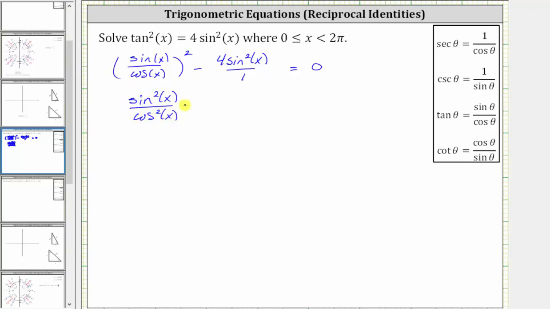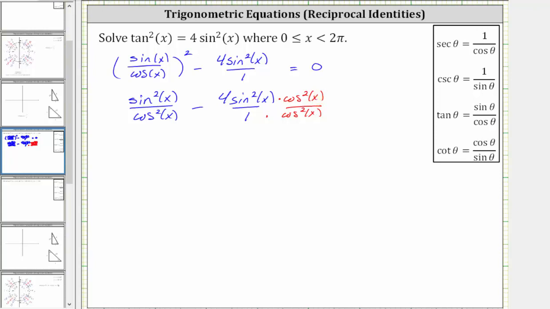Now we want to subtract the fractions, and therefore we'll have to obtain a common denominator, which is cosine squared x. So we'll multiply the numerator and denominator of the second fraction by cosine squared x. So we have minus 4 sine squared x over 1. Then again, we multiply the numerator and denominator by cosine squared x to obtain a common denominator.